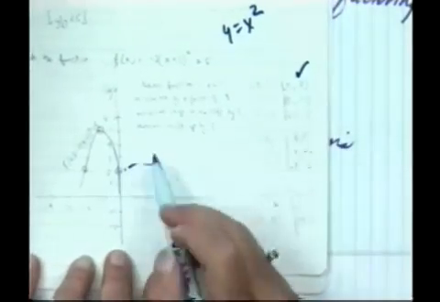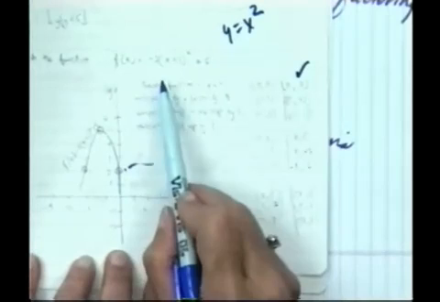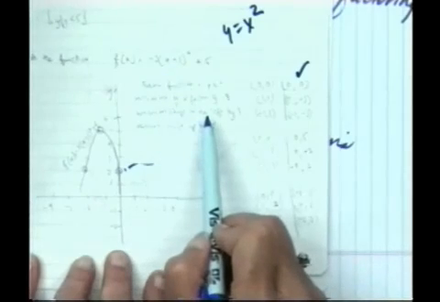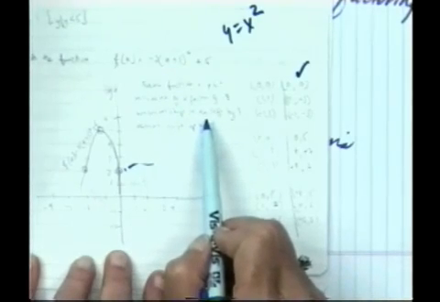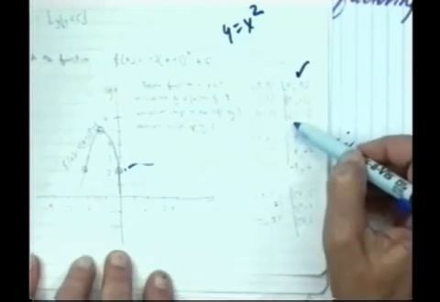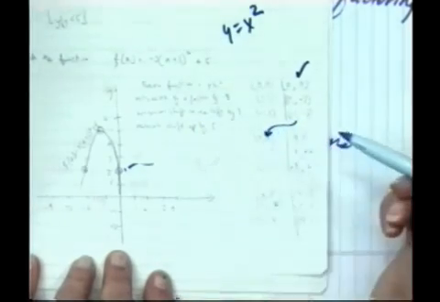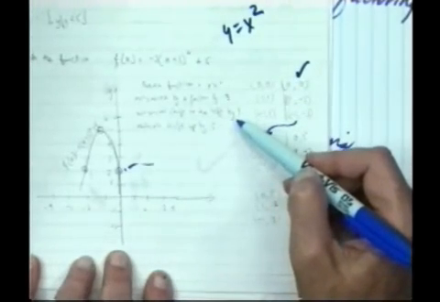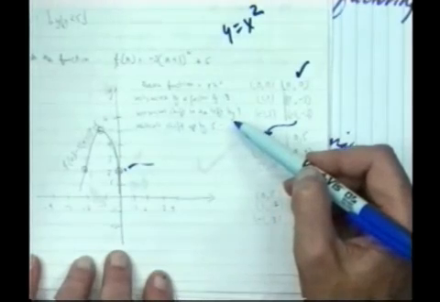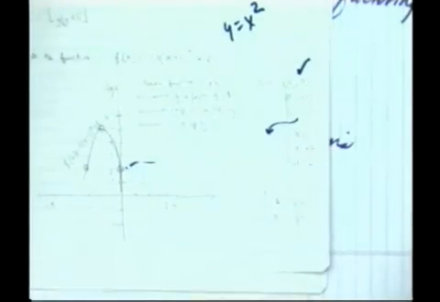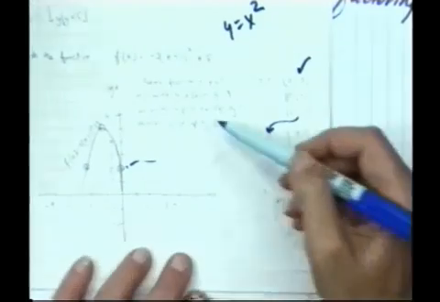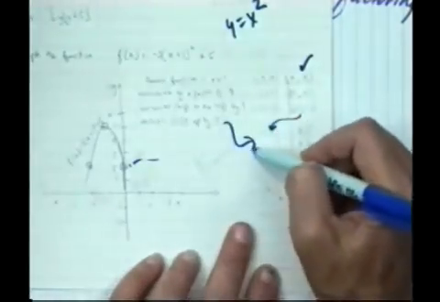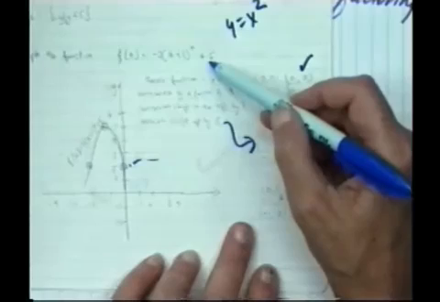Okay? Then a horizontal shift to the left of 1. I love the way you did this. You just pulled these points, and then horizontal left 1 means that you're going to be subtracting. Then vertical shift up of 5.